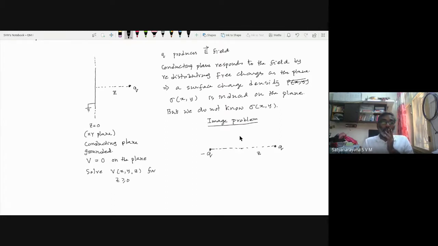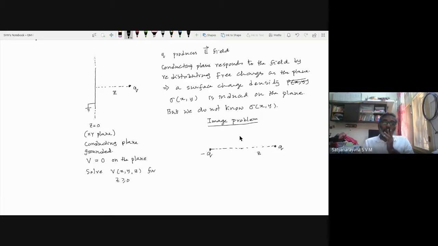As far as z greater than or equal to 0 is concerned, there is only one source, that is plus q. Minus q I have put in a region that is not of my interest. And if you write down the potential for this, at z equal to 0, it will be 0. That means at the boundary, v equal to 0 for this problem and for this problem.